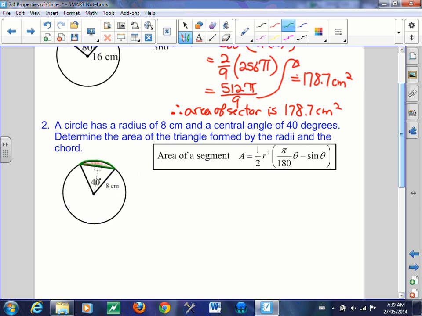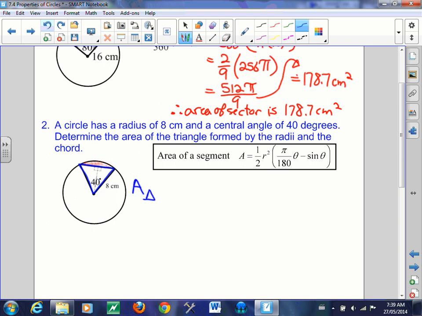Although that area is given, I apologize. Let's see if I can undo this for a second. There we go. So the area we're actually looking for is the triangle. We have to figure out how to get that triangle specifically. We need an introductory statement because it's a two-part question.